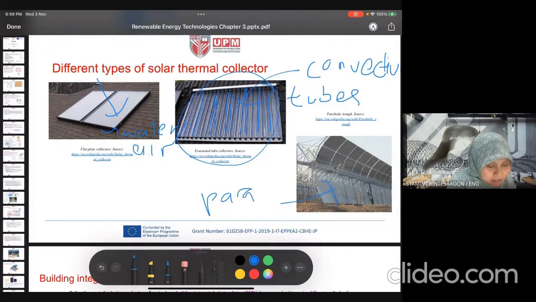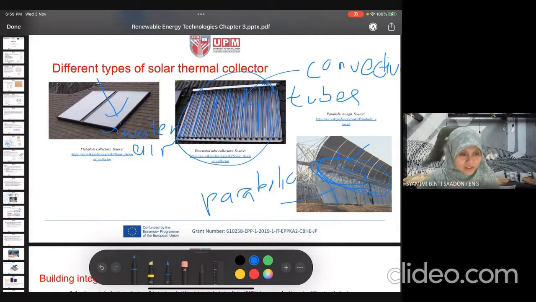Parabolic is like a concentrator, because when the surface is concave and curved like that, it concentrates the radiation energy from the sun onto the parabolic surface. We use a parabolic surface.